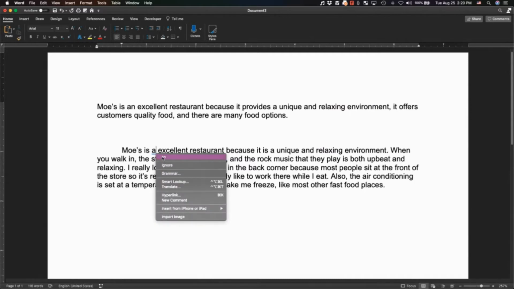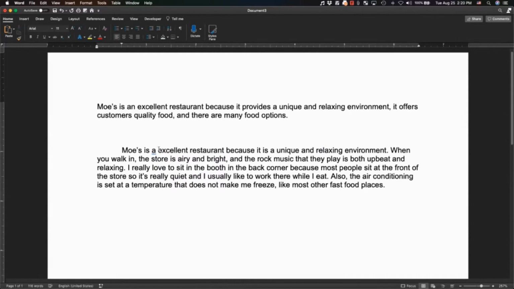And it's telling me we want to change it to an, right? And we do. Because great began with a consonant, a worked fine, but once we changed it to excellent, then we need to make it an because excellent starts with a vowel. Okay, so we've got Moe's is an excellent restaurant because it's a unique and relaxing environment.